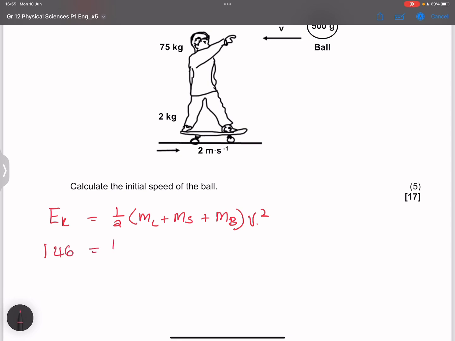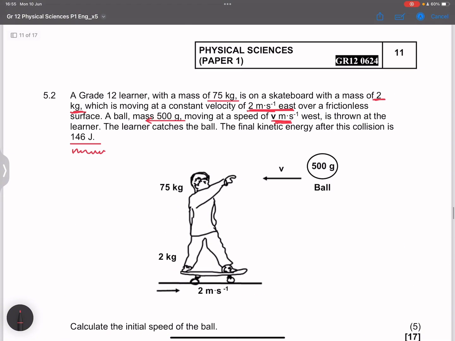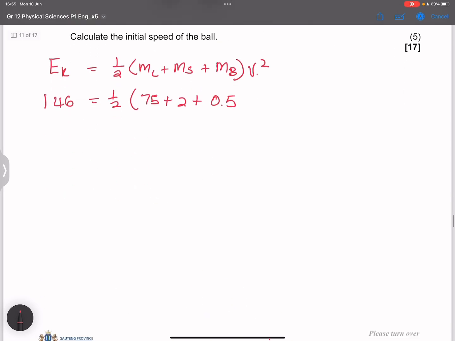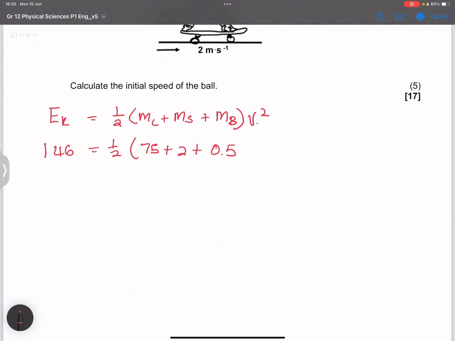That's half of the mass of the learner, that's 75. The skateboard is 2. Plus the ball. Now note that the ball is 500 grams, so to convert it to kilograms, which we work with in physics, we always divide by 1,000. So 500 divided by 1,000 gives us 0.5. And that's going to be times v squared.